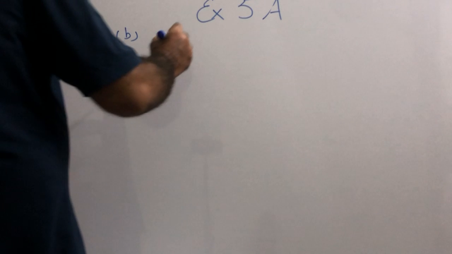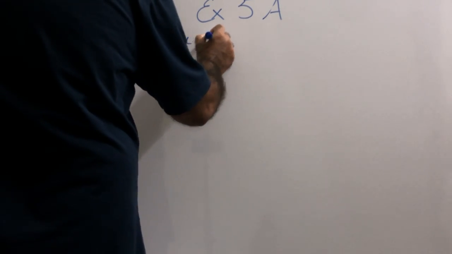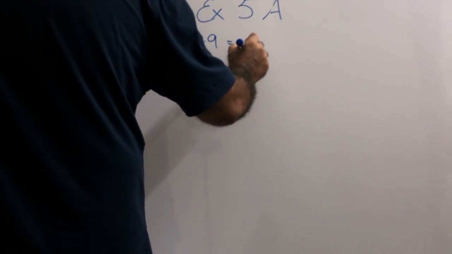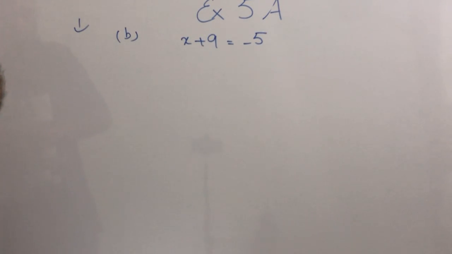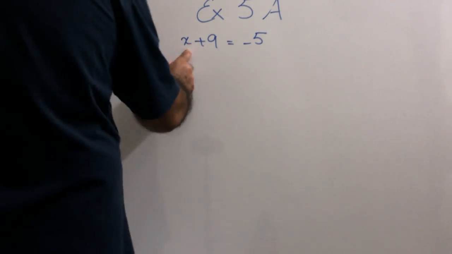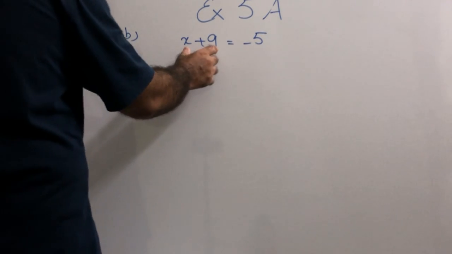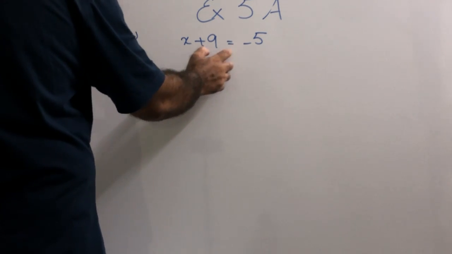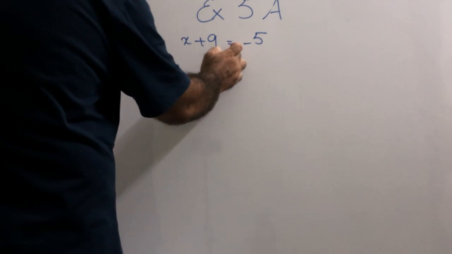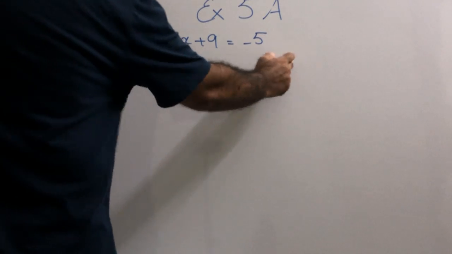Part B is x plus 9 is equal to minus 5. So we are looking for the value of x. We need to solve this equation to get the value of x. We see that we don't need plus 9 on the left side of this equation. This is the equal sign, this is the left side, this is the right side.